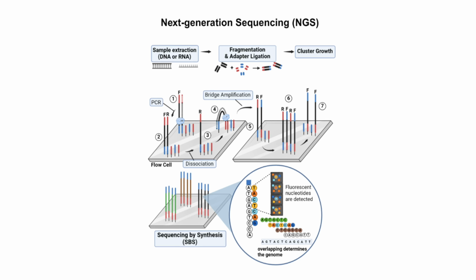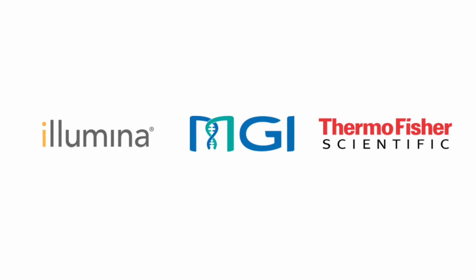Platforms based on sequencing by synthesis (SBS), such as Illumina and MGI, detect each nucleotide as it is incorporated into a growing DNA strand, producing highly accurate short reads. The Ion Torrent technology, in contrast, also sequences by synthesis, but detects the release of hydrogen ions rather than the light of fluorescence, offering an alternative approach for short-read sequencing.